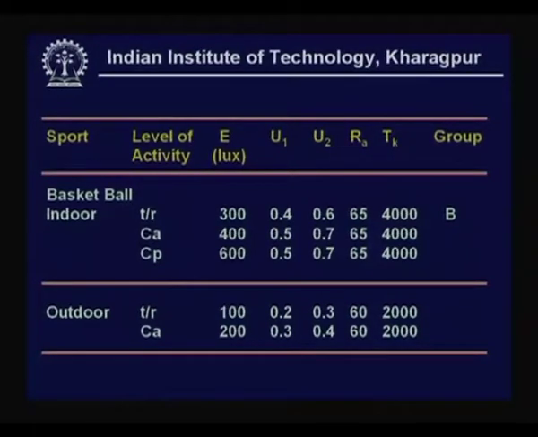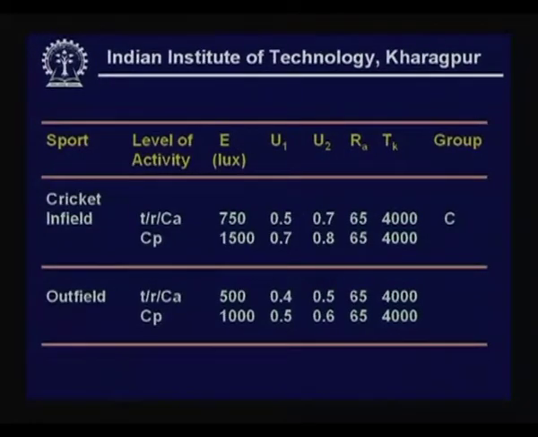We find the color temperature requirements are only up to about 2000 K, and the uniformity indices, as one can see, are going as high as 0.5, 0.7 for U1, U2 in case of an international level game in most of these games.